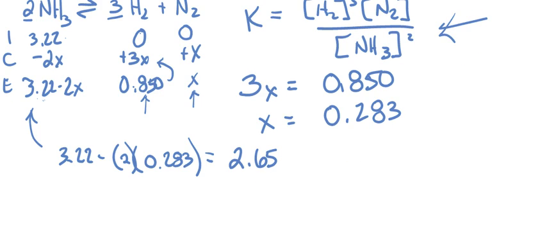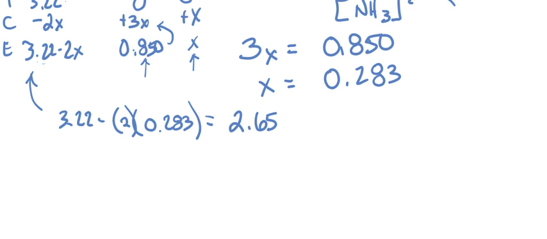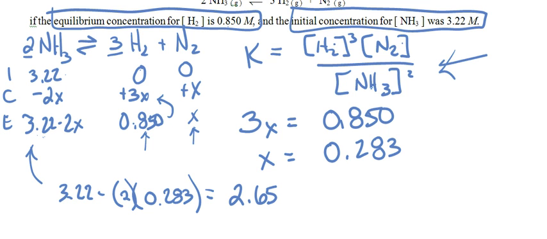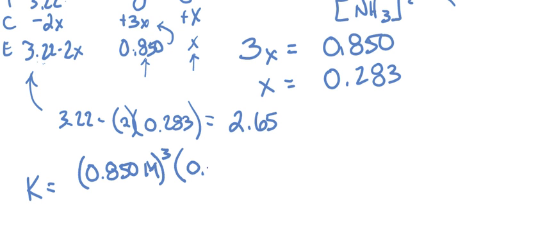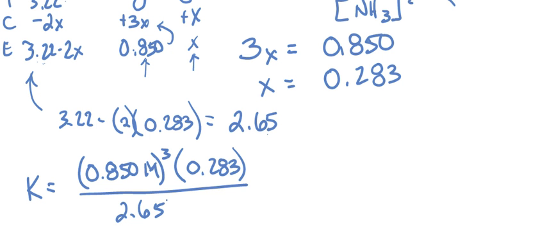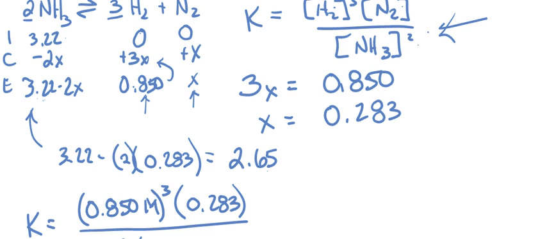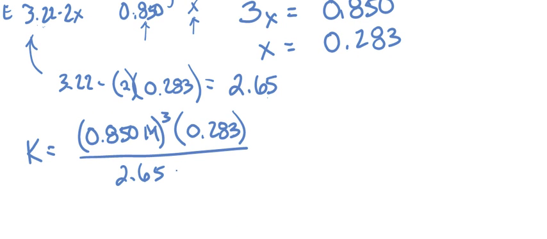Now we have our values, and we have our expression: hydrogen, nitrogen, ammonia. So K is equal to 0.85 molarity cubed times 0.283, divided by, we just said it was 2.65, and again our expression has a square on it, so we're going to square that bottom value.